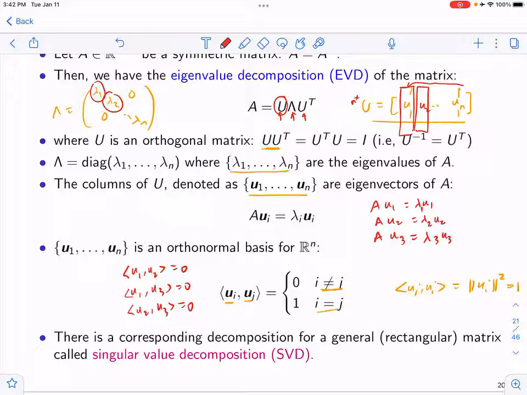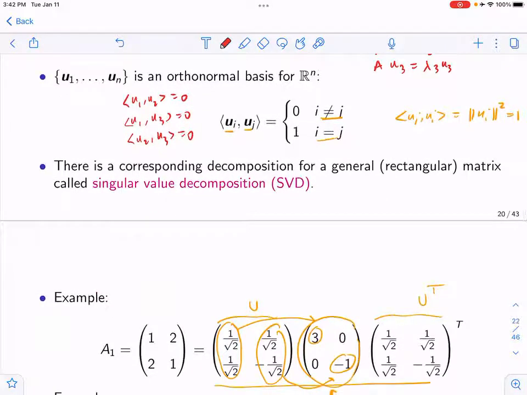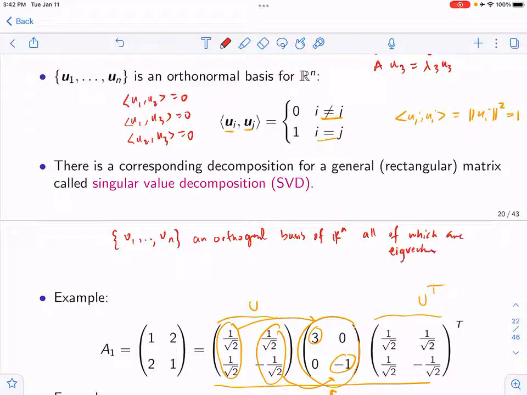So for example, if I have a set which is only orthogonal, suppose I have V1 up to Vn, an orthogonal basis of Rn, all of which are eigenvectors, I can get an orthonormal basis like this.